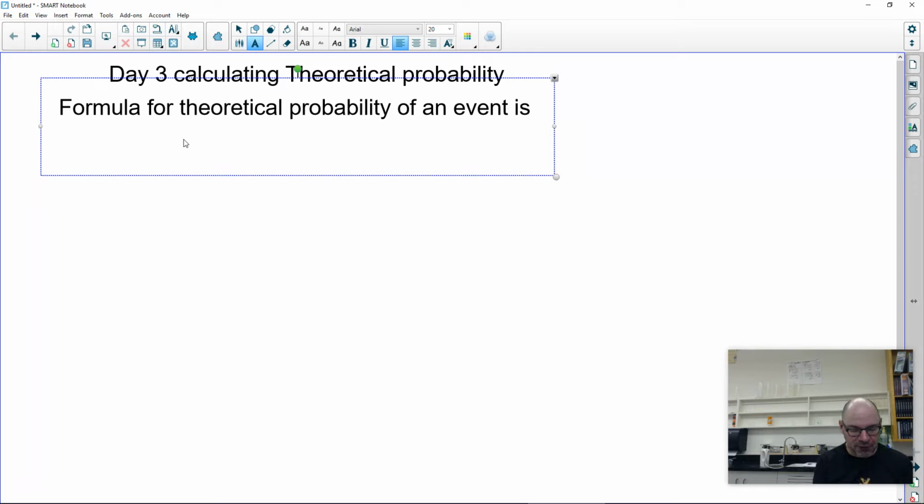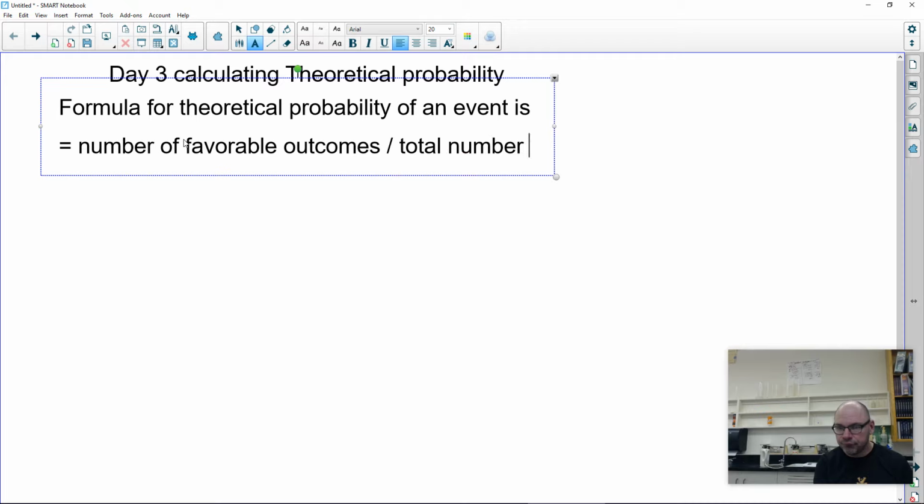So it's going to be equal to the number of favorable outcomes divided by the total number of outcomes for an event.